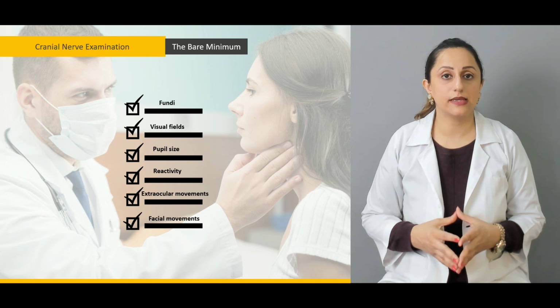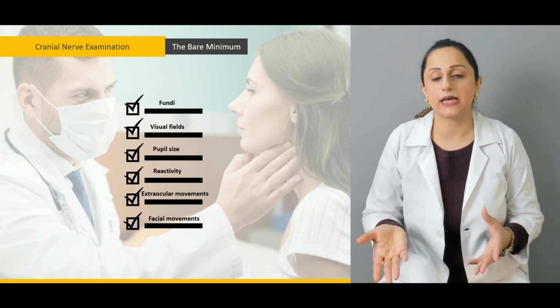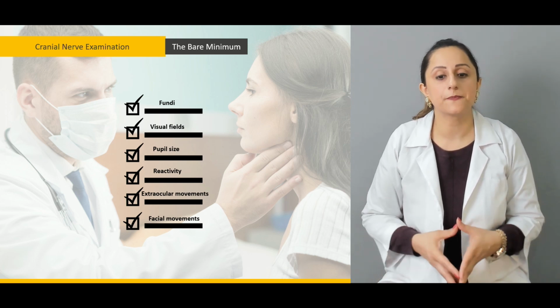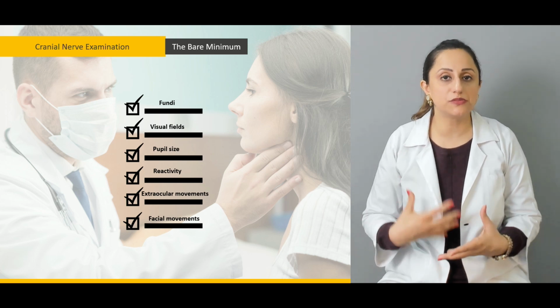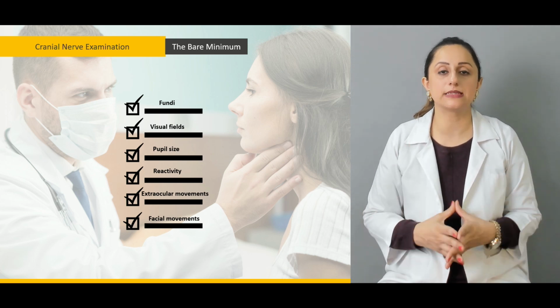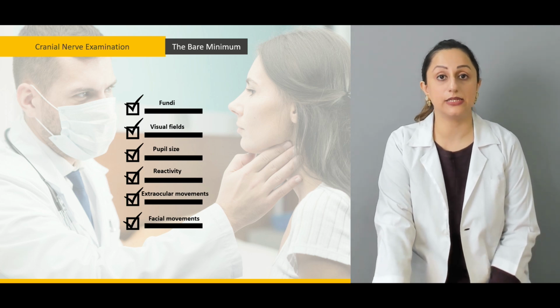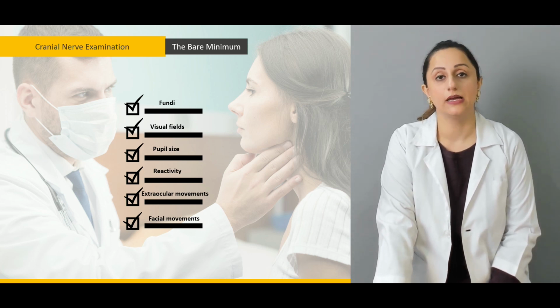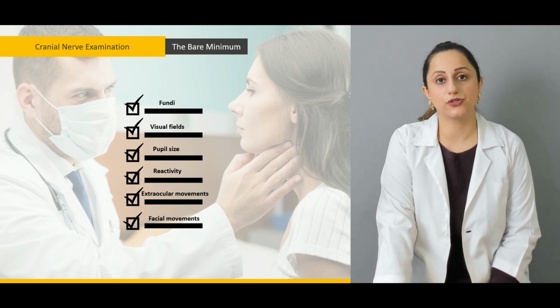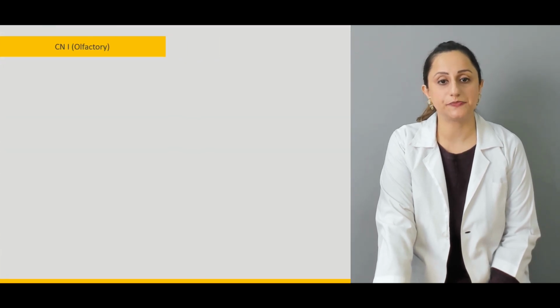So that is how you look for any positive signs of paresis, as you note down the facial movements, the extraocular movements, and you look for findings on fundoscopy. The ocular examination is a very integral part of the neurological examination over here.